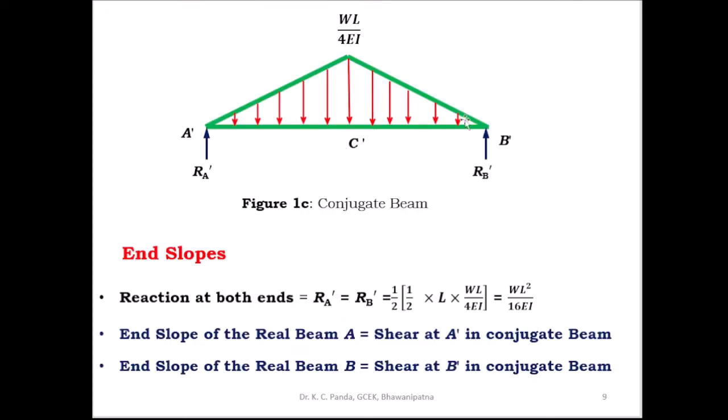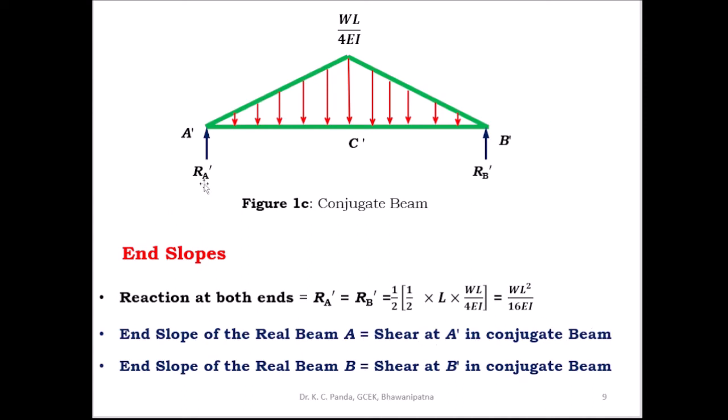In this method, you have to find out the shear force at the end of the beam where you want to find the slope, and the bending moment where you want to find the deflection. The end slope of the real beam at A is equal to the shear at A dash in the conjugate beam.